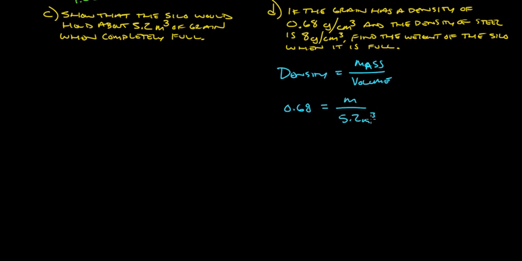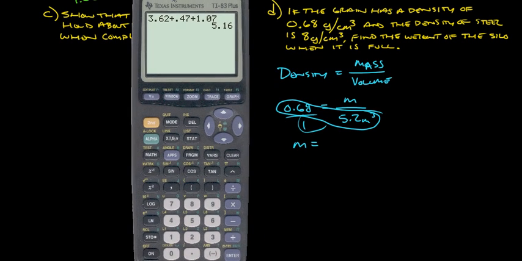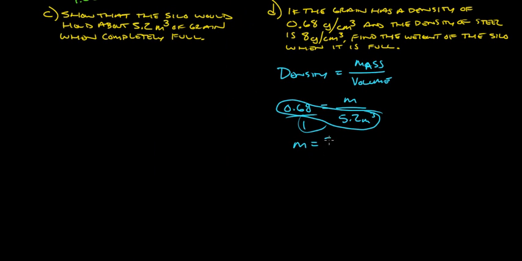And we should now be able to figure out what the mass is, right? Because that's over 1, and we just multiply this times this, divided by that, and we get that the mass is going to equal, let's see, it's basically 5.2 times 0.68. You divide that by 1 and you still get the same thing, so let's go with 3.54.